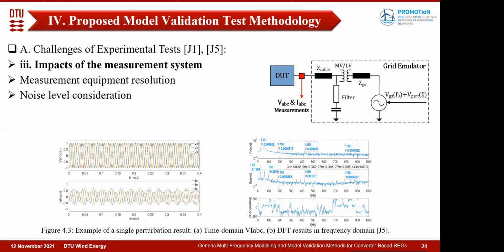So the measurement equipment should be able to detect these changes, and its resolution is very important. And the other point is that, as we can see in this graph, there is a certain noise level in the measurements that should also be considered somehow. We should also remove that part from the output results.